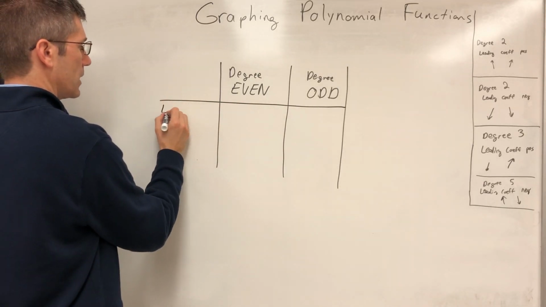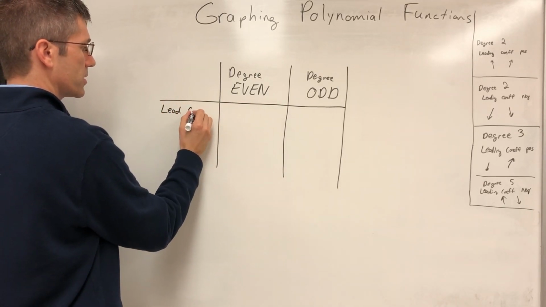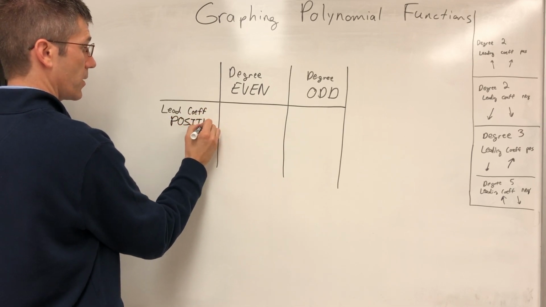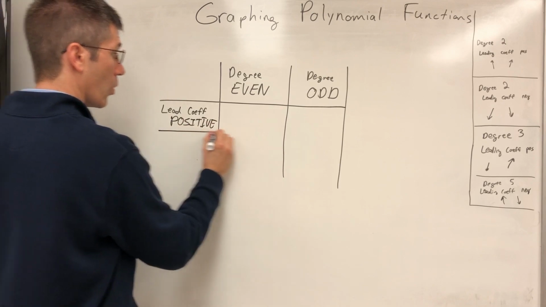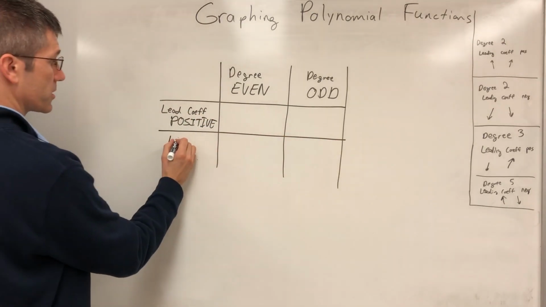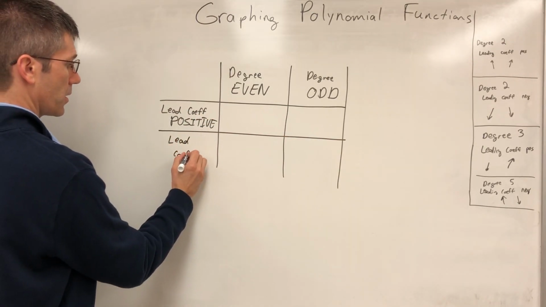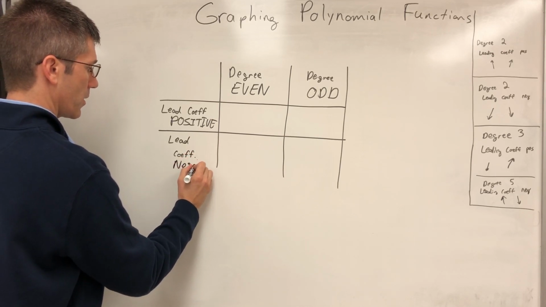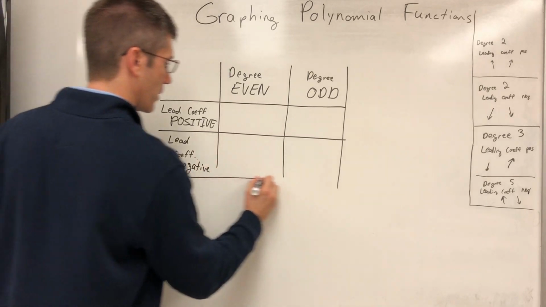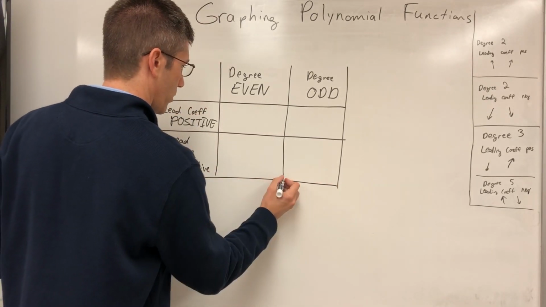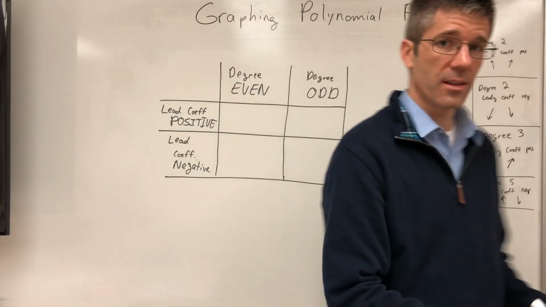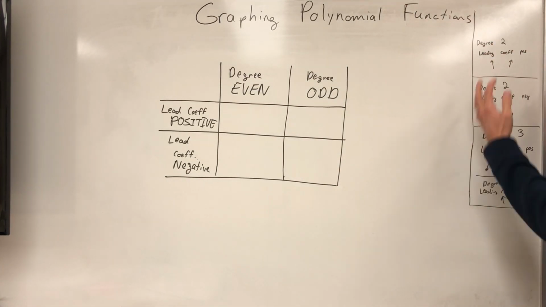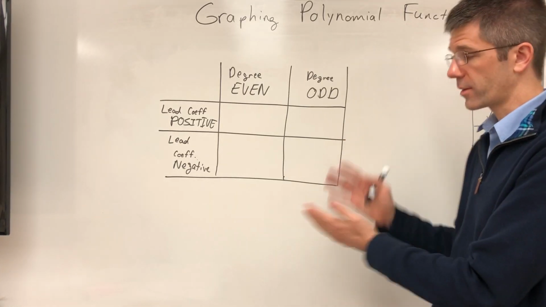And then my lead coefficient is positive, or my lead coefficient is negative. There we go. Okay, there's a lot going on in this lesson. There's a lot to take in, but let's just look over here on the stuff you didn't have to write, and let's put it in this chart that you do need to write.